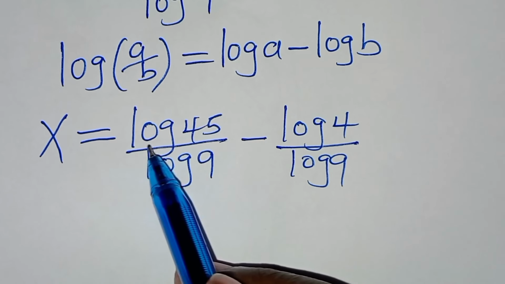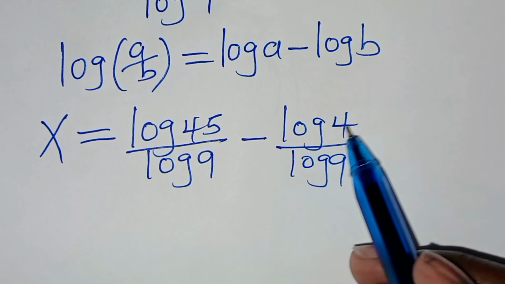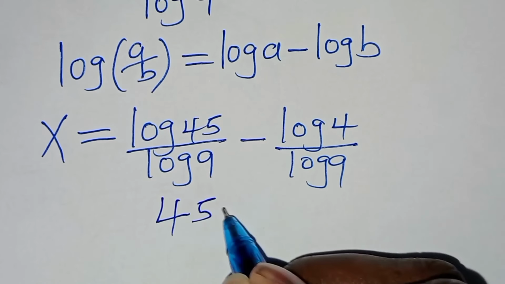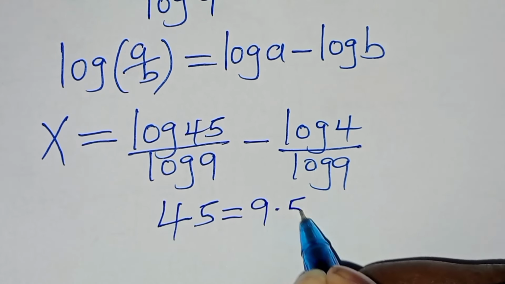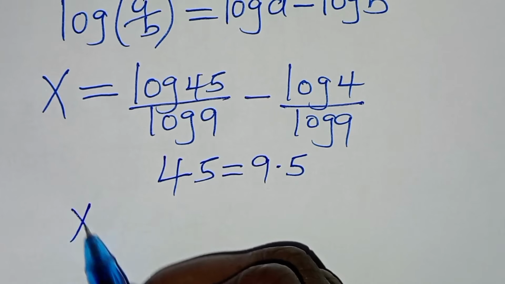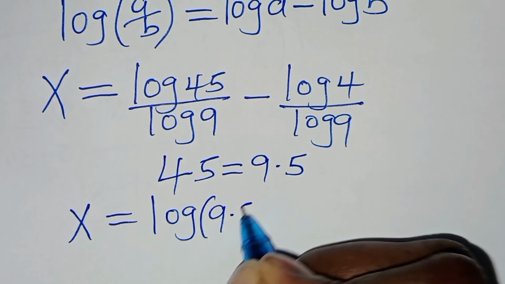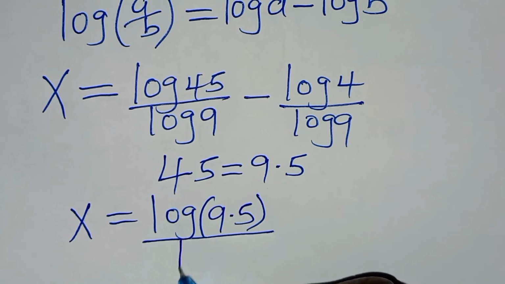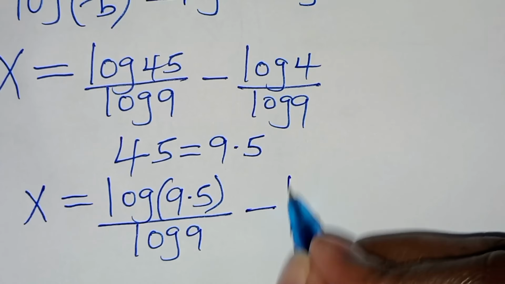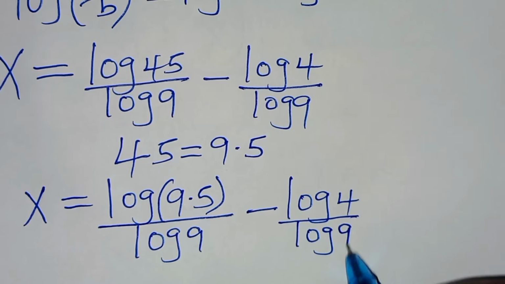So x is equal to log 45 over log 9, subtract log 4 over log 9. We can express 45 as 9 times 5. So let's substitute this. We have that x is equal to log 9 times 5 divided by log 9, subtract log 4 divided by log 9.